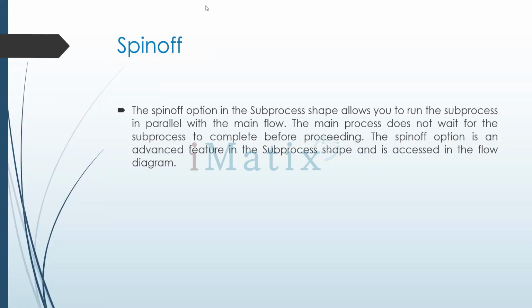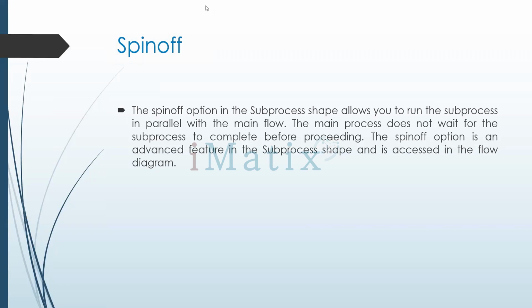But here with spin-off, this goes in parallel with your main transaction. With the main flow, you can have your subflow running in parallel. They can be independent of each other. There's no dependency. I don't need to wait for my sub-process to complete. They can just run in parallel.